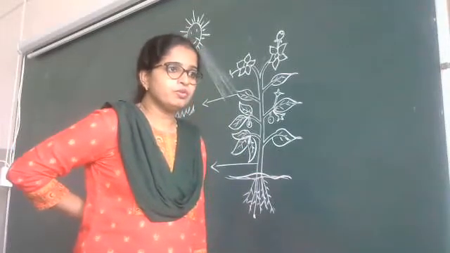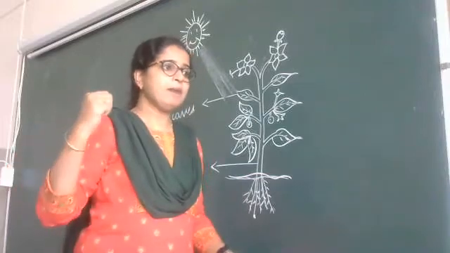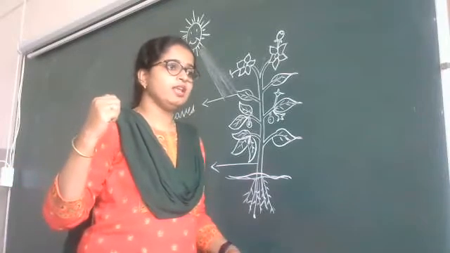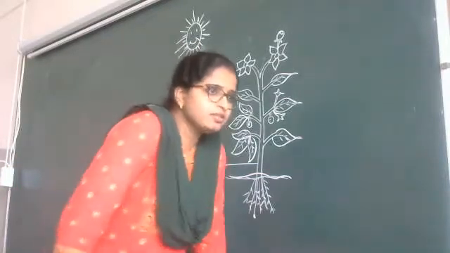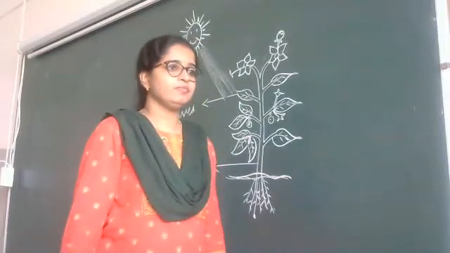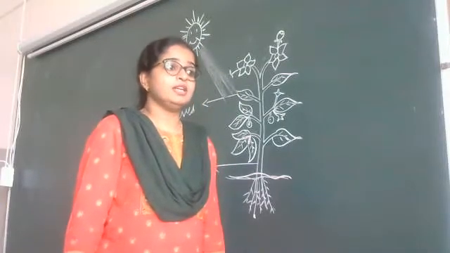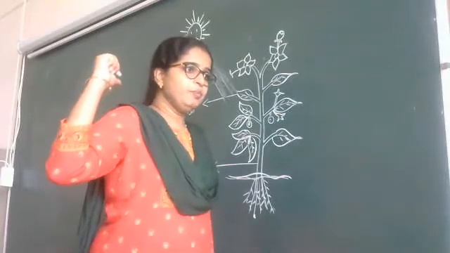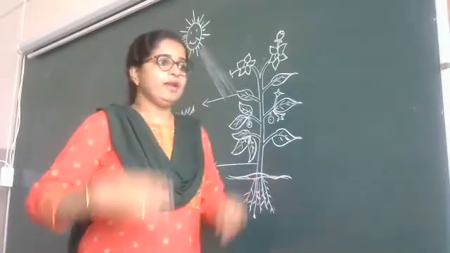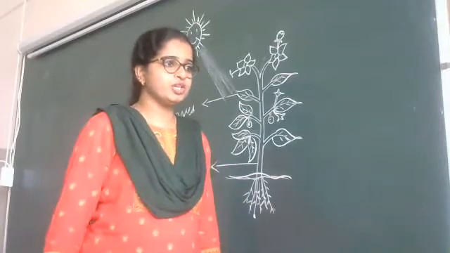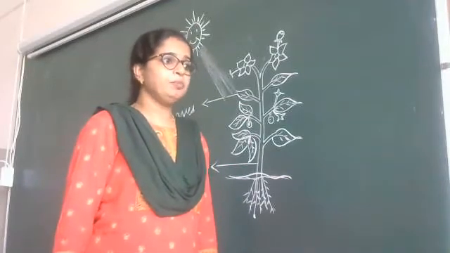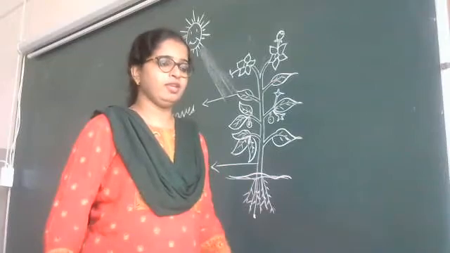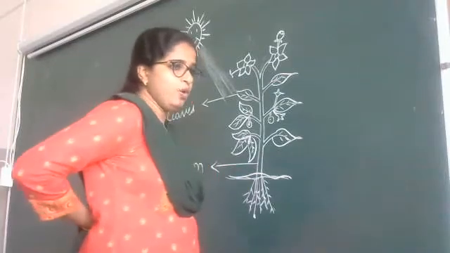Yes or no? Yes, ma'am. If my backbone is not strong, then I will walk like this. That's why we need it. It should be very strong to maintain a proper posture. It gives a proper posture to our body. Which part? This backbone.